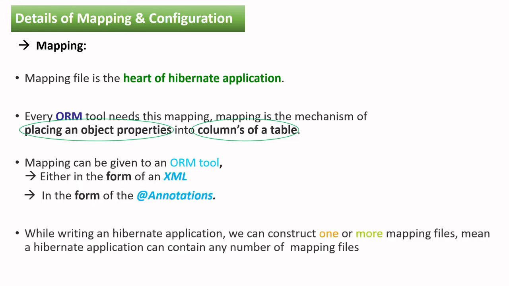While writing a Hibernate application, we can construct one or more mapping files. That means a Hibernate application can contain any number of mapping files. An object contains three properties: identity, state and behavior.